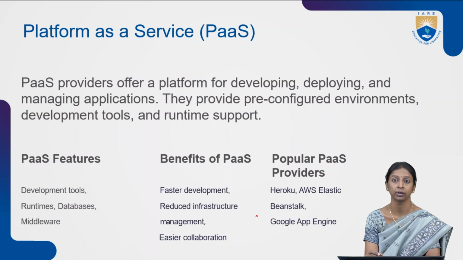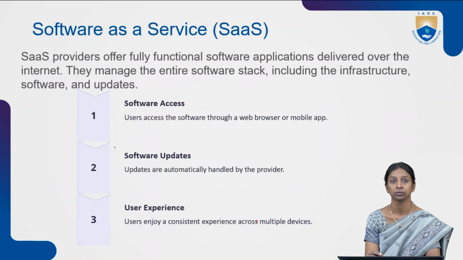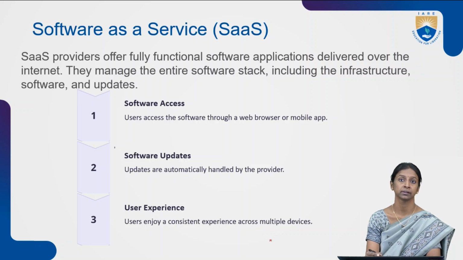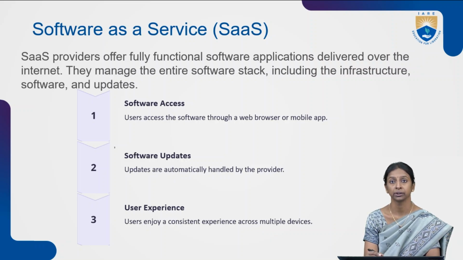So Heroku, AWS Elastic Beanstalk, and Google App Engine are the popular PaaS providers we have. And coming to software as a service, it offers fully functional software applications delivered over the internet. SaaS providers manage the entire software stack, including the infrastructure, software, and also the various updates.